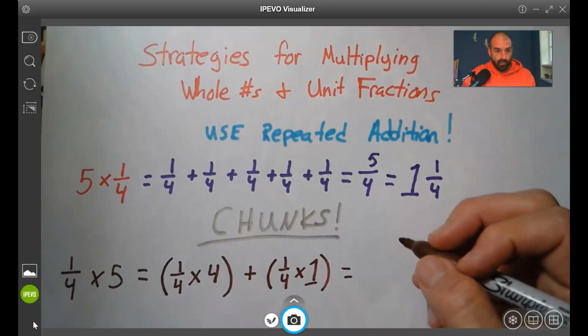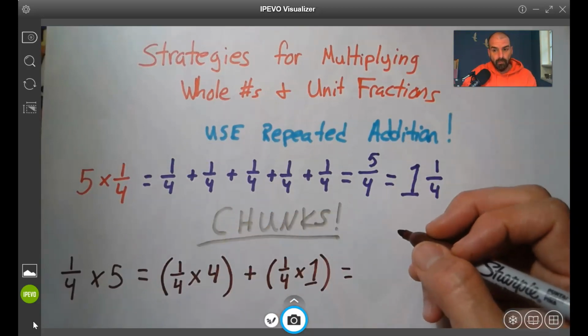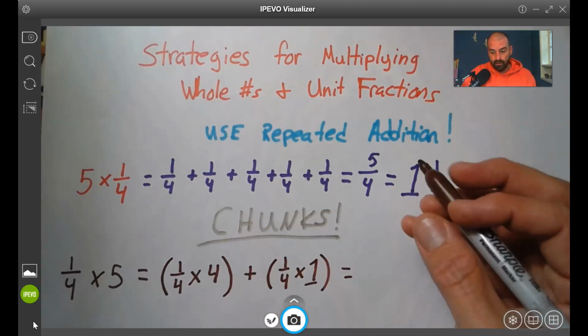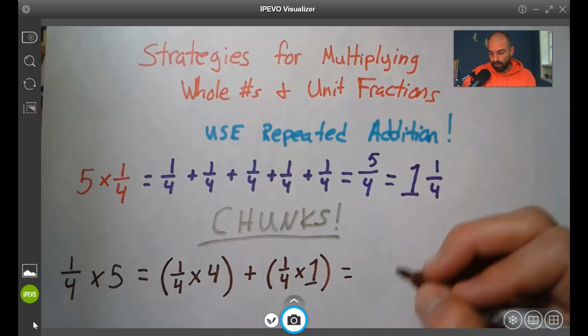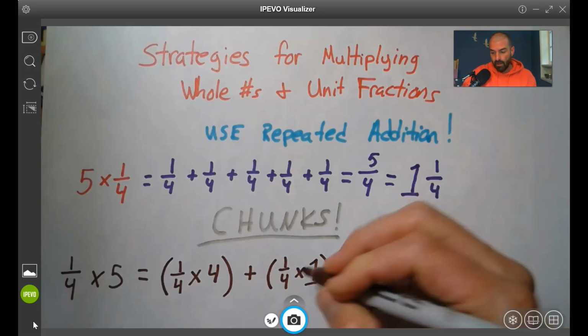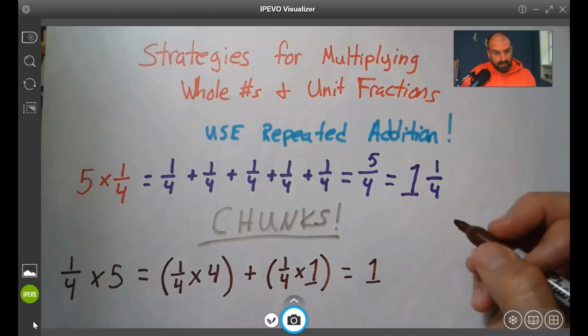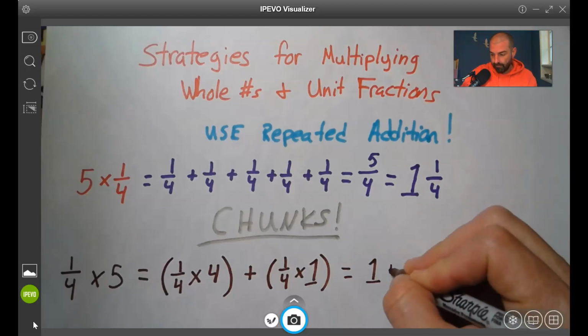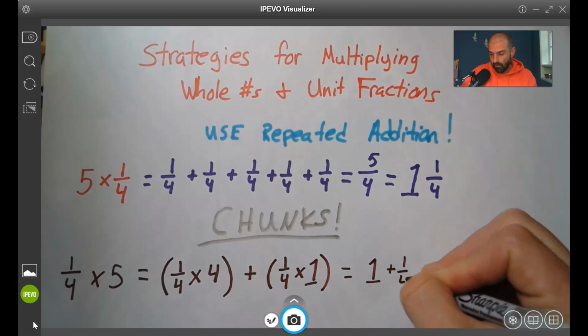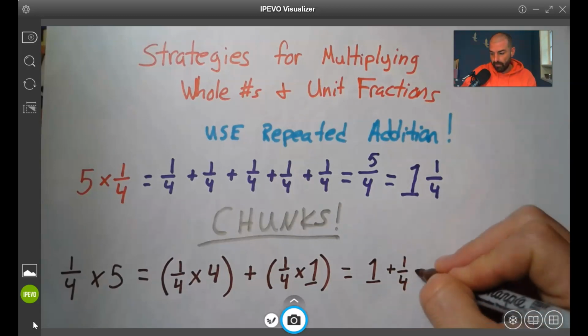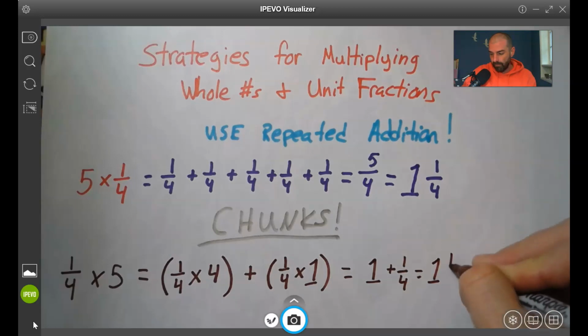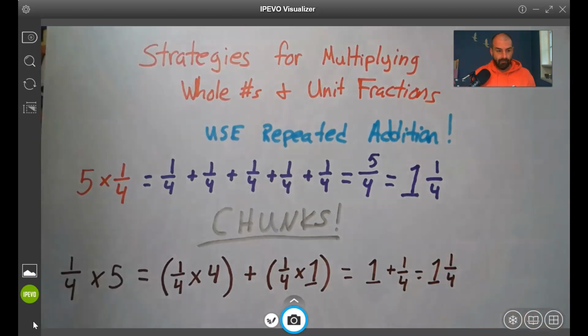Well, 1/4 of 4 is a simple calculation because 1/4 of 4 is 4 divided by 4, and that is 1. 1/4 times 1 is a simple calculation because anything times 1 is itself. So this is 1 plus 1/4, and that equals the same thing we got up there, 1 and 1/4. So we have 2 strategies right now. Use repeated addition. Another strategy, chunk. All right, let's look at another.